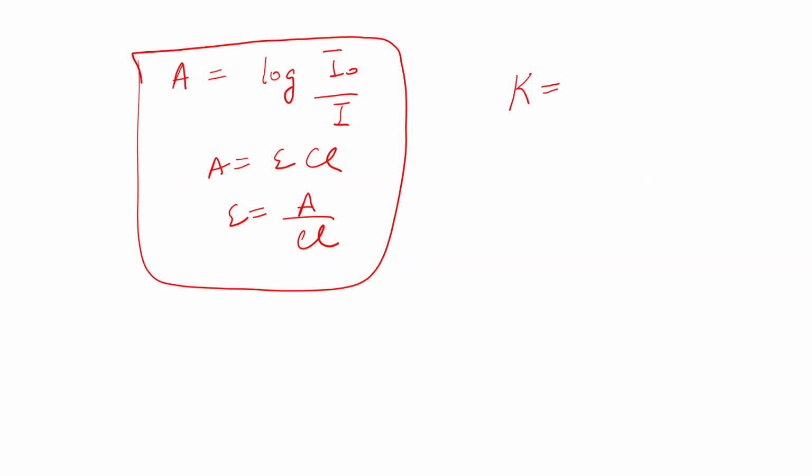And if you have to calculate the rate constant, it will be quantum yield divided by fluorescence lifetime.